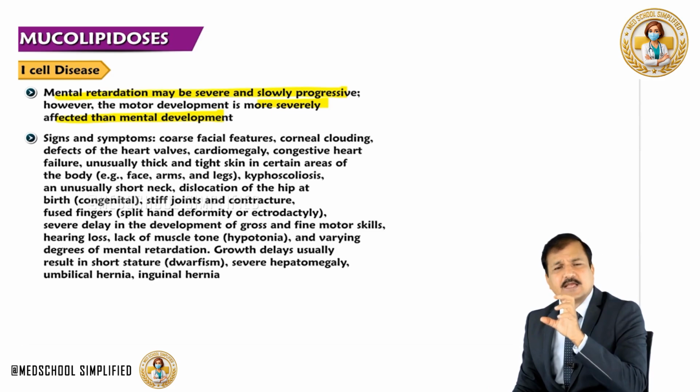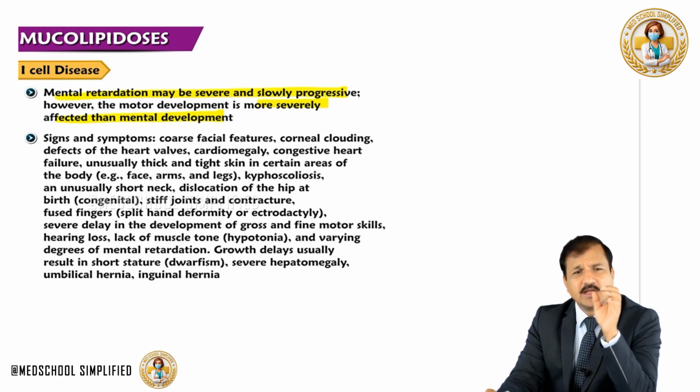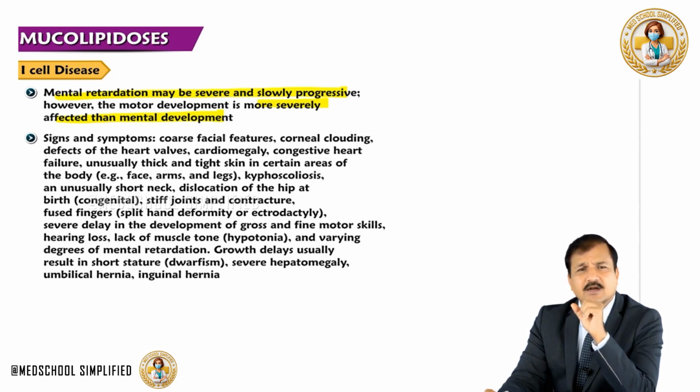And severe delay in the development of gross and fine motor skills can be seen. Hearing loss like Hurler syndrome, and hypotonia. The degree of mental retardation can vary and can be severe because it is progressive. Growth delay, short stature, severe hepatomegaly, umbilical hernia, inguinal hernia, all these are like Hurler syndrome.